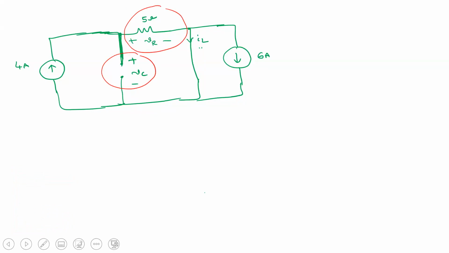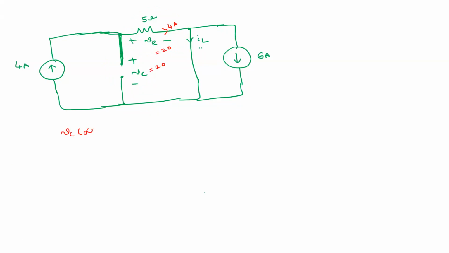The 4 amperes flowing through the 5 ohm resistor gives 20 volts, so VC at infinite is 20 volts. Similarly, the other one we require, VR at infinite, is also 20 volts. Done.